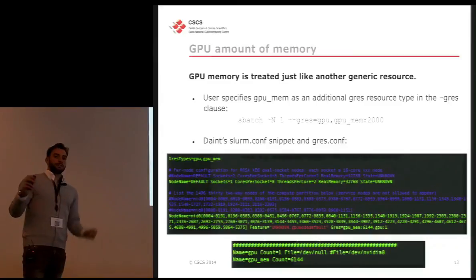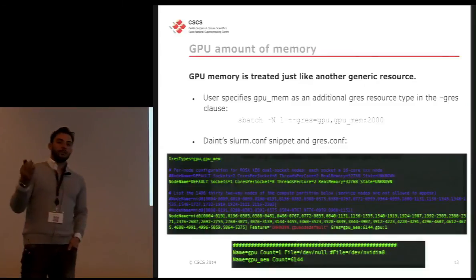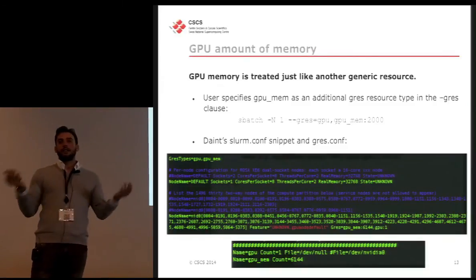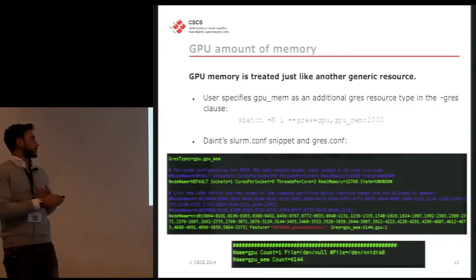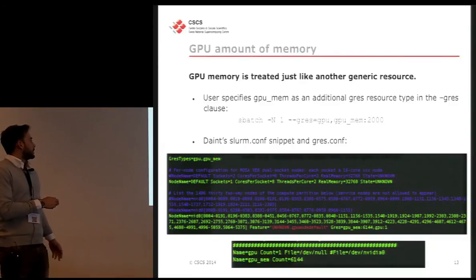Another kind of GRES, generic resources, is the amount of memory. The amount of memory is exactly like any other generic resource. So we have to specify another GRES type, GPU memory. And on the node definition, the GPU memory plus a counter.